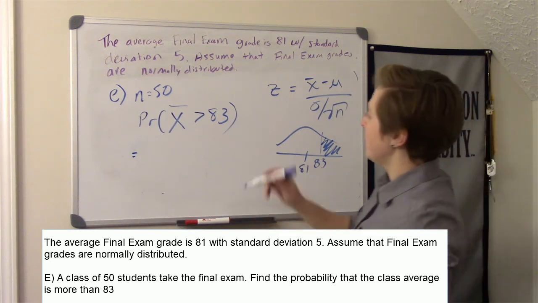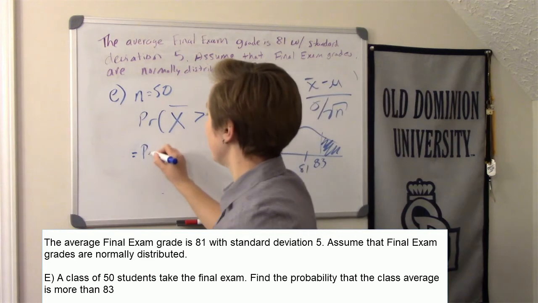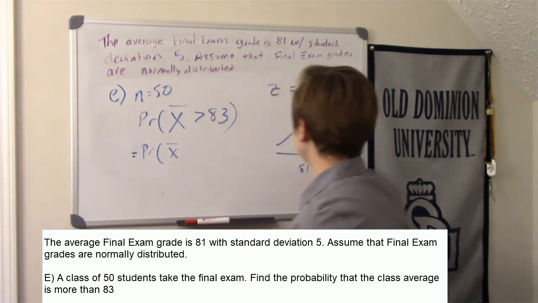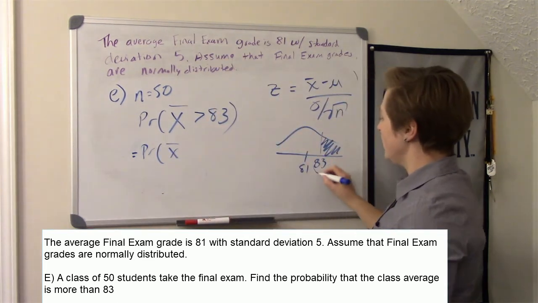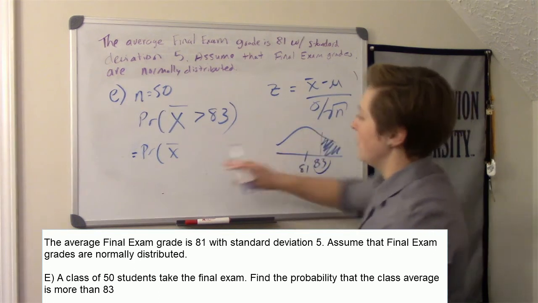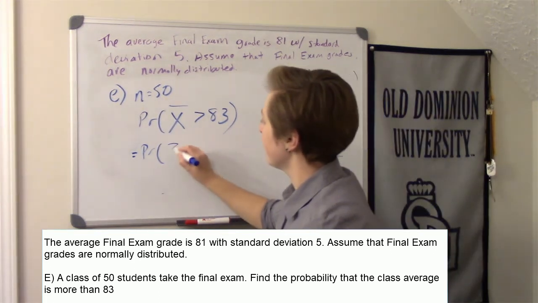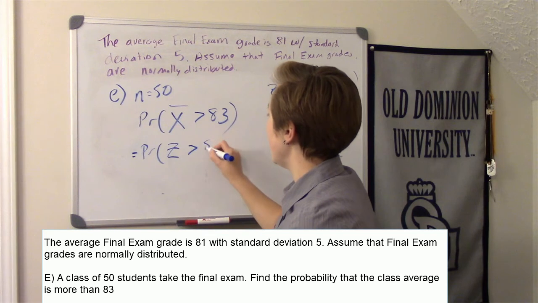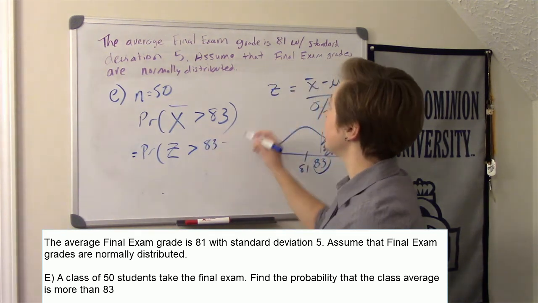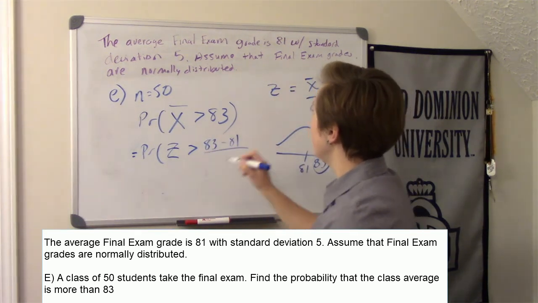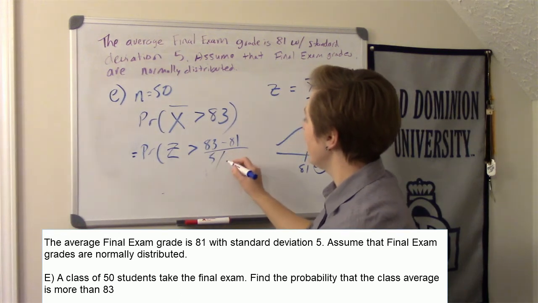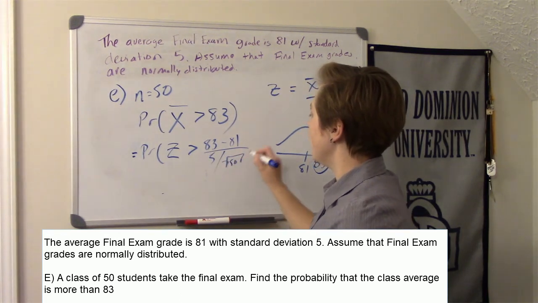Let's go ahead and first convert this. This is the distribution of X bar, so this is my X bar value that I want to convert to a Z value. So 83 minus mu, which is 81, over sigma, 5, over square root of 50.